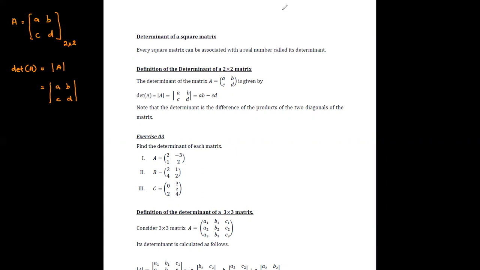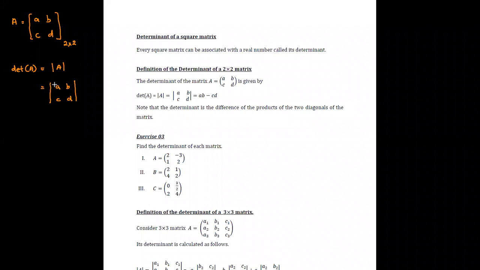To obtain the determinant for a 2 by 2 matrix, what we can simply do is take the difference of the products of the diagonal elements.